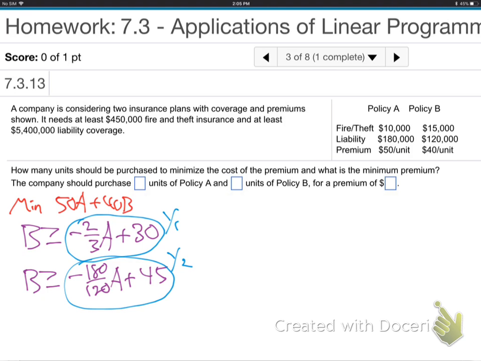Now, do y'all see the y values go up to 30 and 45? So you're going to have to make your graph go up to like 50 on the y. You're going to have to make the y max 50 on your window, because they're going way up.